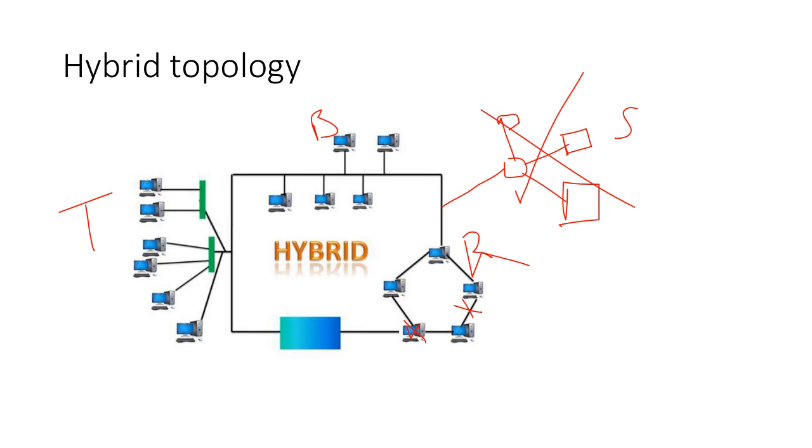Another could be the flexibility. You can design according to the requirements of an organization. Let's say this is an organization that has 3 floors. On the first floor, we are implementing the tree topology. Second floor, we are implementing the bus topology. Third, maybe the star. So there is flexibility.